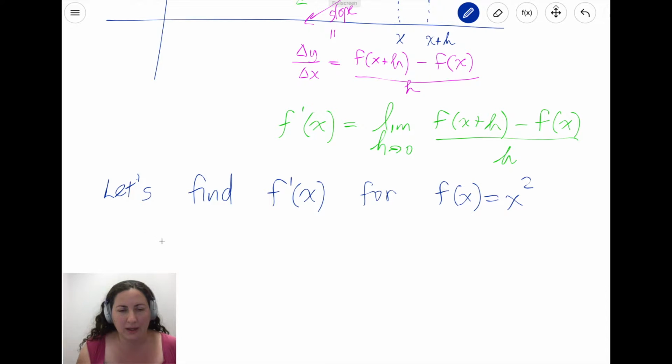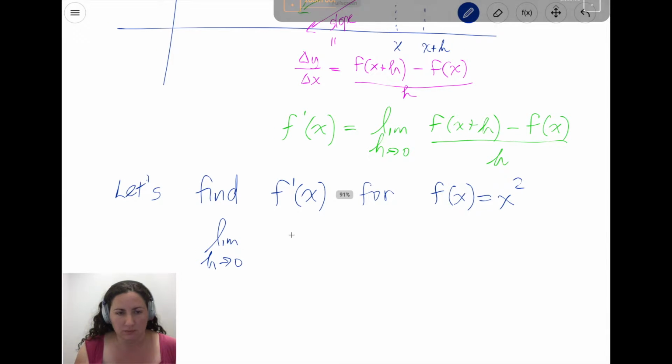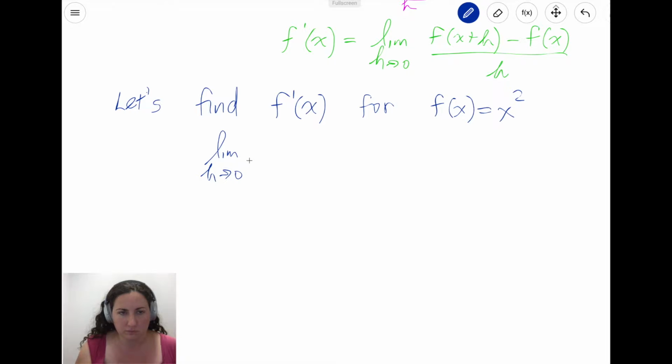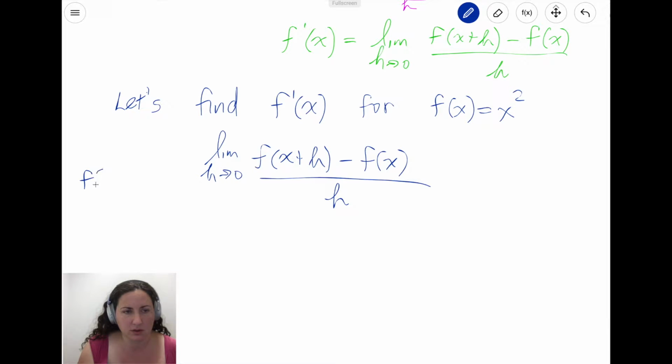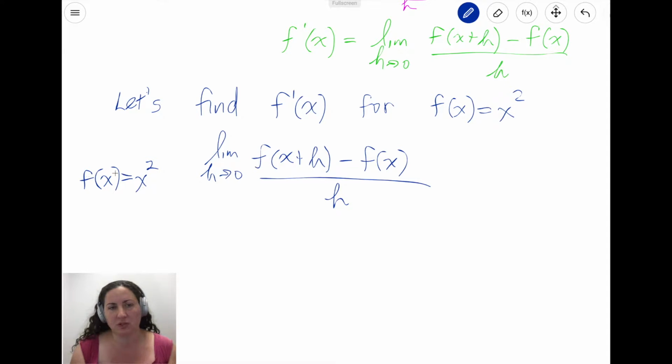Okay, so we're going to go limit as h approaches 0. I'll just recopy the definition here. Now for f of x plus h, once you have a specific function in mind, how do we find f of x plus h?